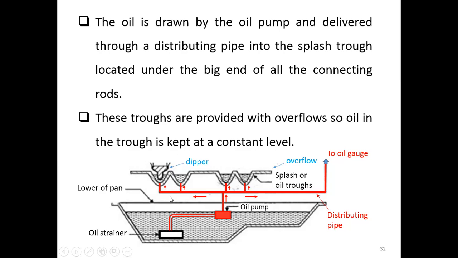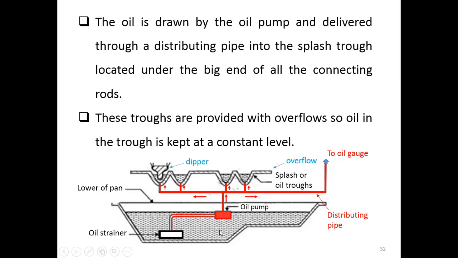Okay, so this trough here is provided with an overflow. The overflow is very simple. You see this is what we call the overflow. So if the oil goes beyond this level in the trough, all the oil will fall down to the oil reservoir down here.